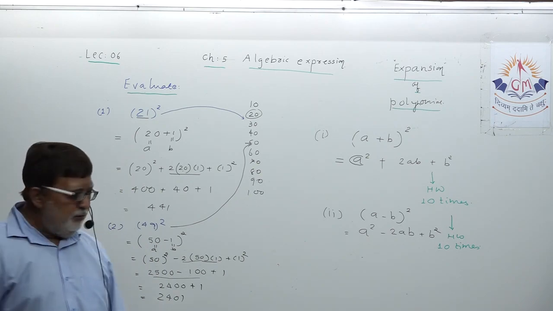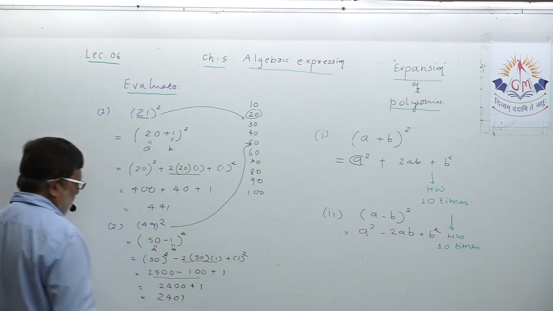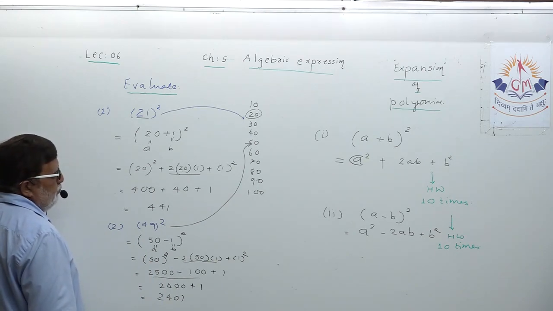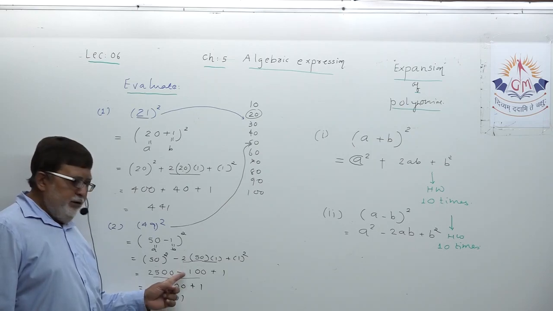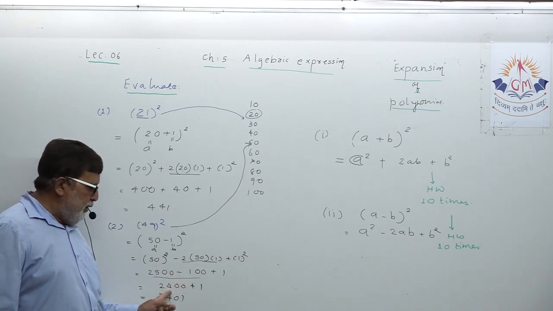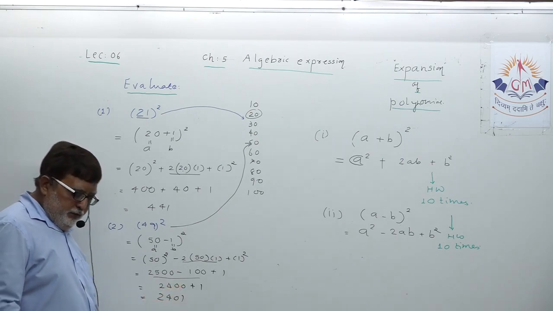It's very important. 2500 minus 100, 2400 plus 1, 2401.